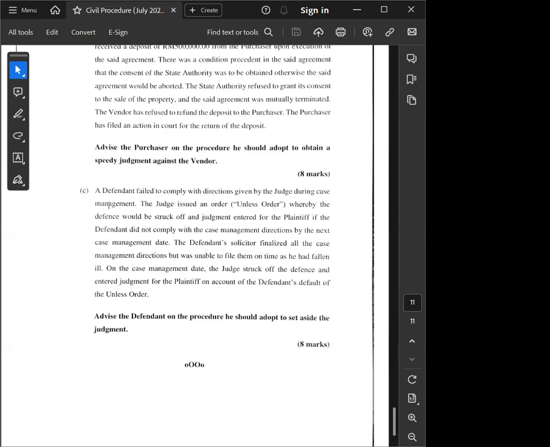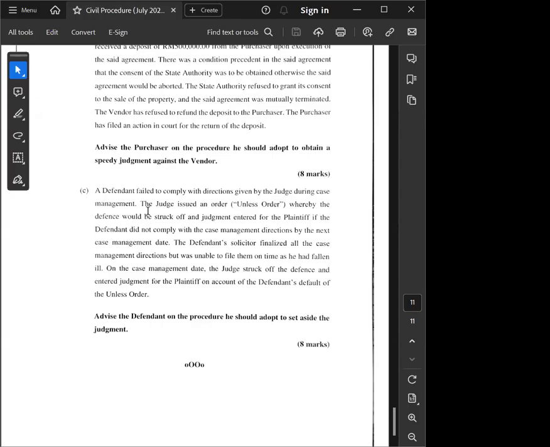However, now the issue is whether the judge can do so by throwing out the case. This is given in your Order 34, Rule 2, Sub 3. The court may dismiss the action of either plaintiff or defendant due to non-compliance.